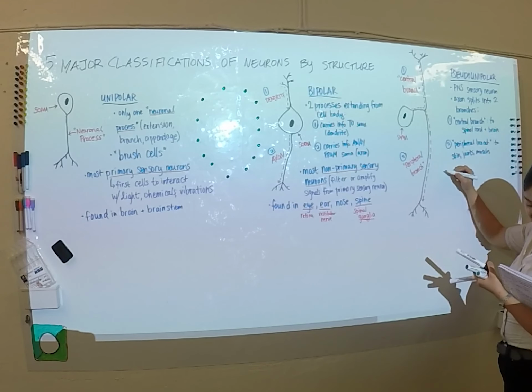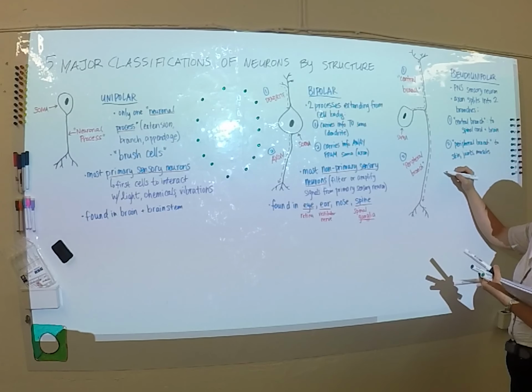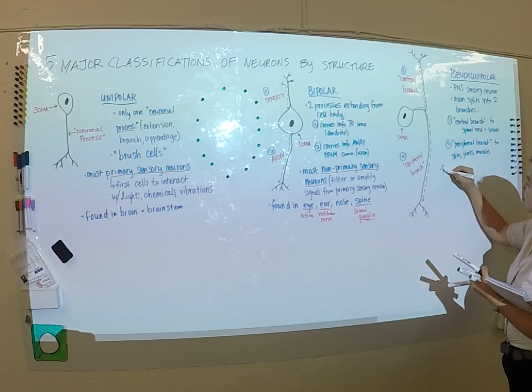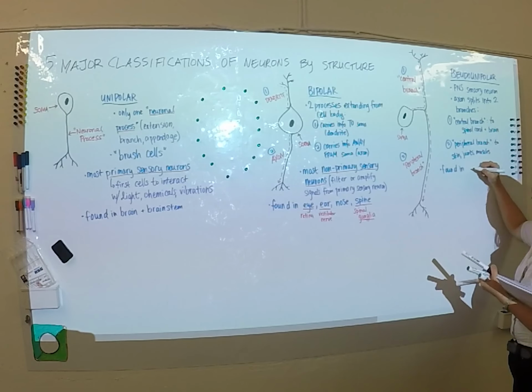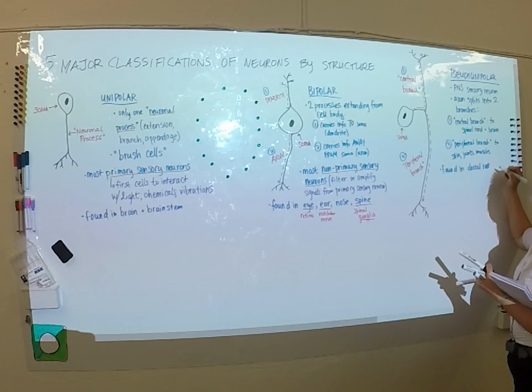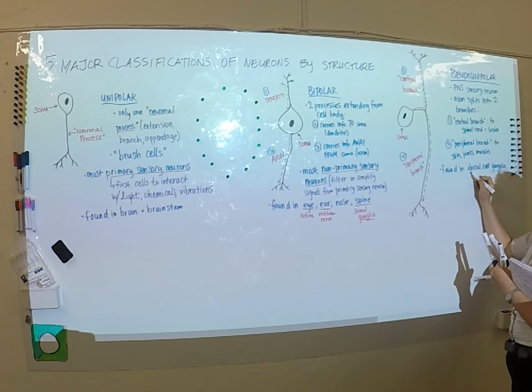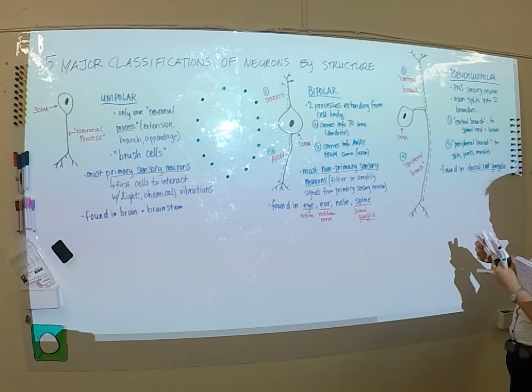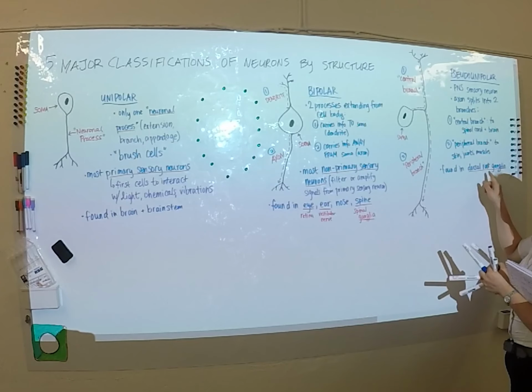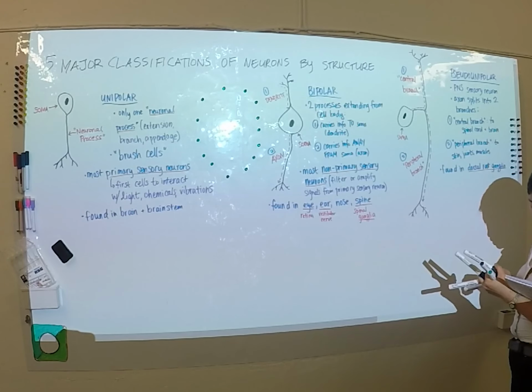And so these are usually found in the spine. So in humans, they are found in what's called dorsal root ganglia. Okay, this is a new word. Gonna underline it and define it. Okay, and this is part of the spinal cord.